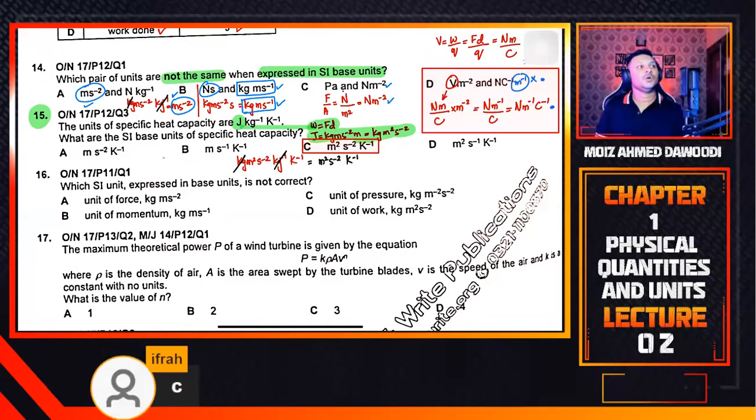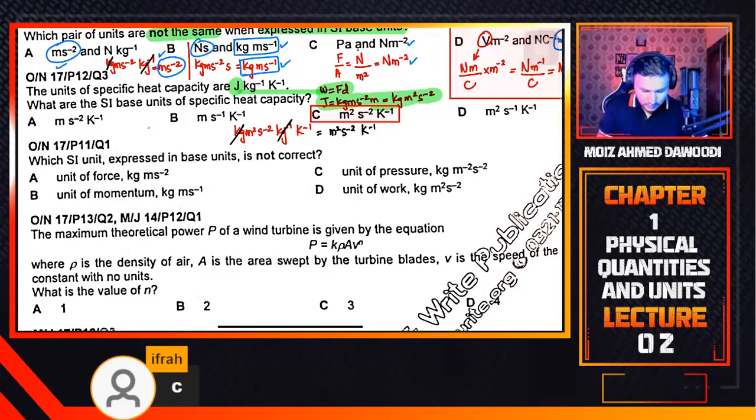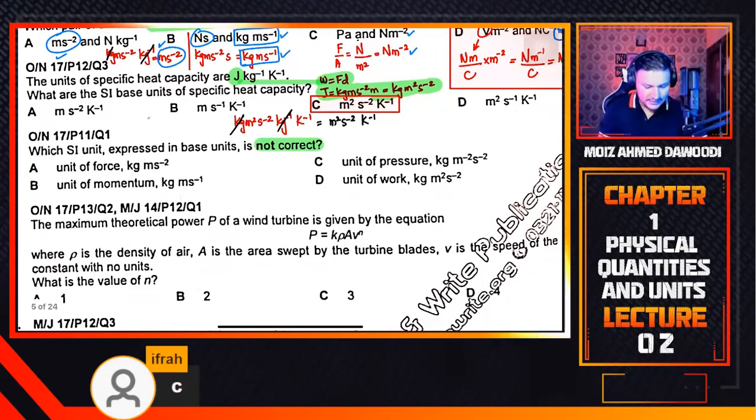Okay. So this is what I want from you all. Do your working. Okay. Which SI unit expressed in base unit is not correct? Not correct, पूछ रहा है. Unit of force kg m s minus 2 तो सही है. Momentum kg m s minus 1. Remember that?